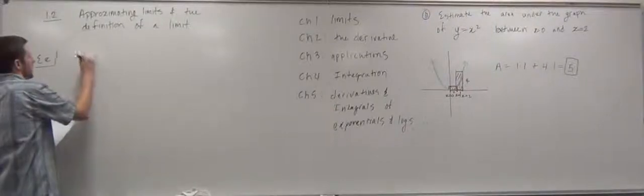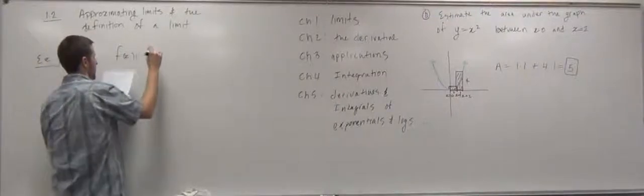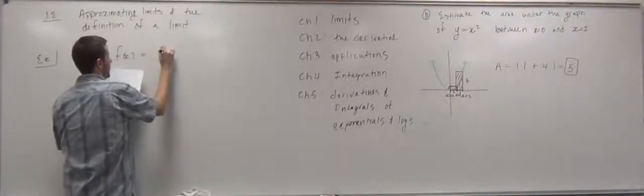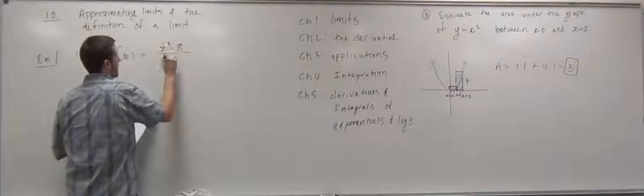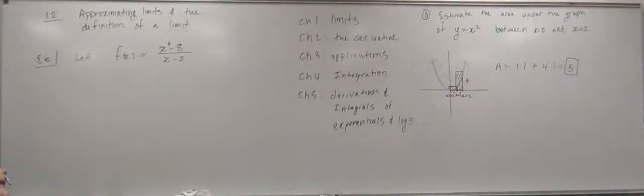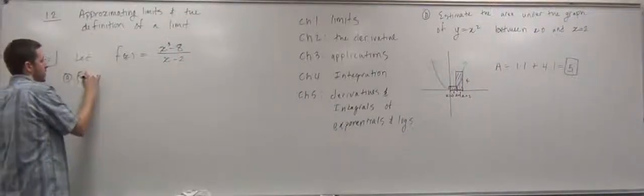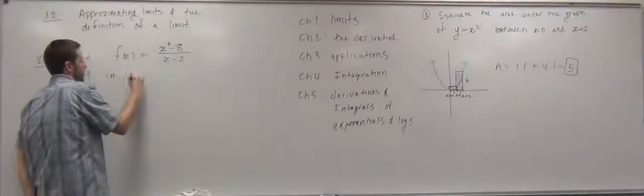Let f of x equal x cubed minus 8 over x minus 2. A, fill in the following table.